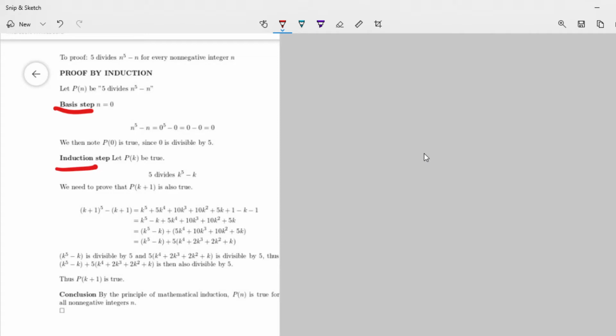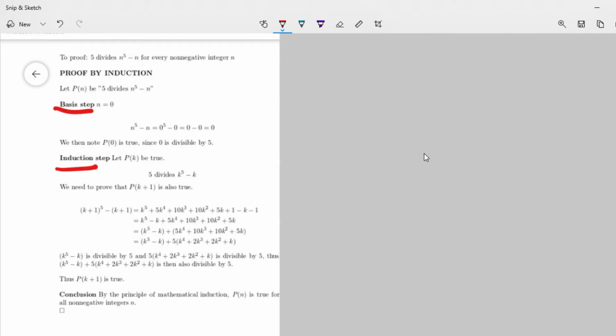So what are we going to prove? 5 divides n^5 minus n for every non-negative integer n. First we take P(n) to be: 5 divides n^5 minus n.